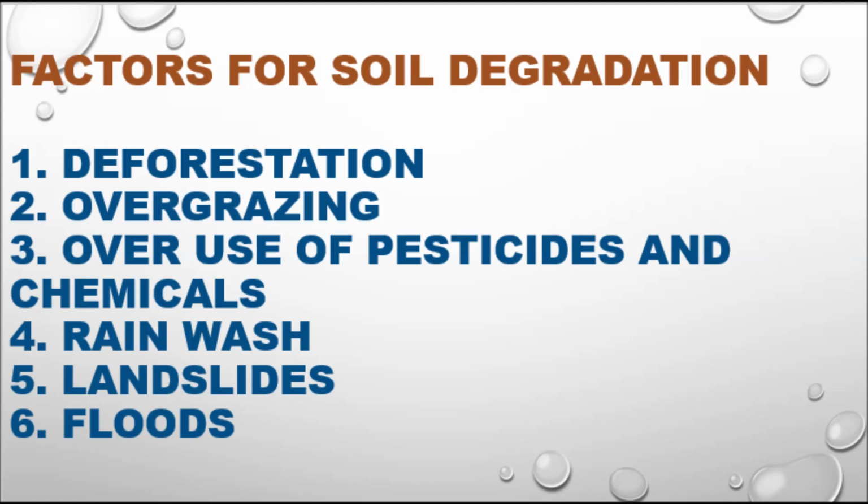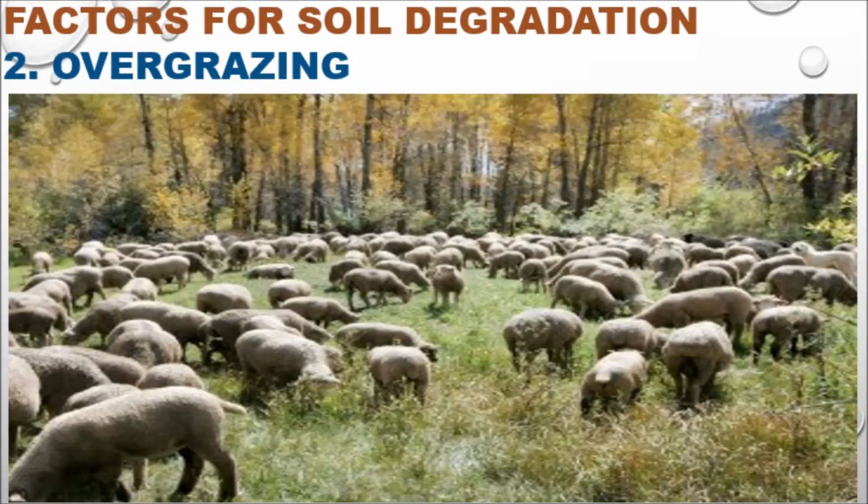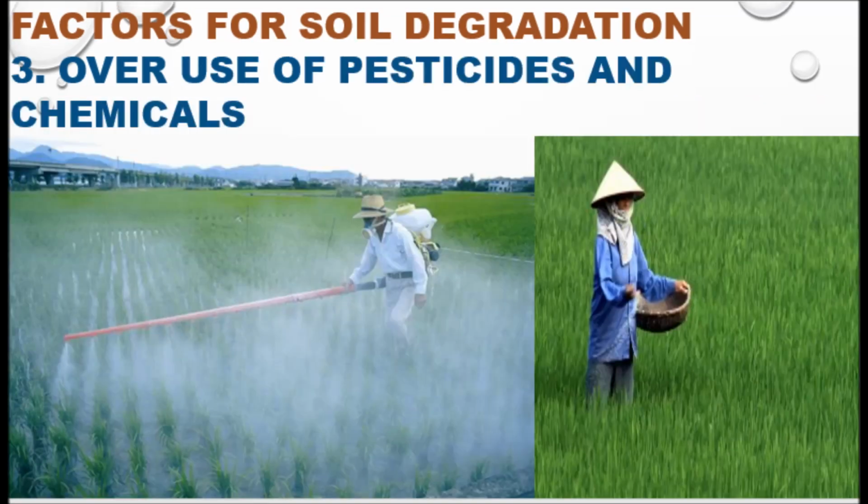We all know deforestation is the cutting down of forests and trees on a large scale. Overgrazing is excessive grazing of livestock which leads to damage to grassland. The too much use of chemical fertilizers or pesticides also makes the soil lose its fertility.